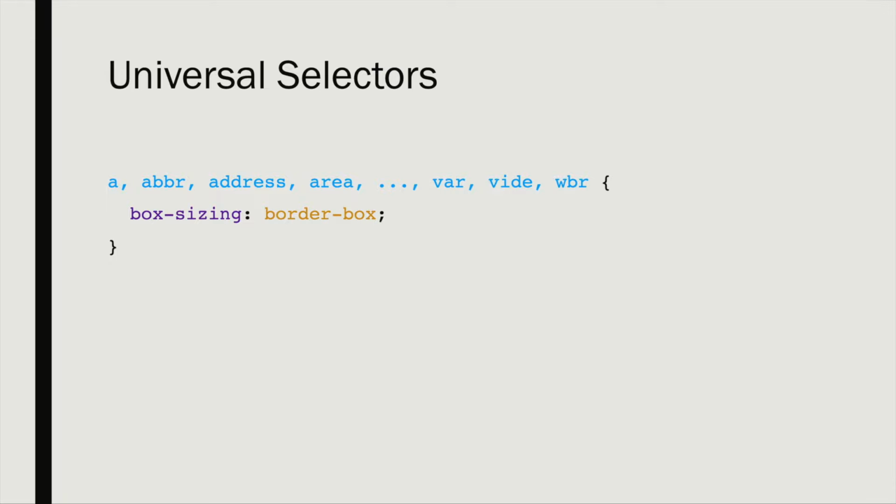And that is done by using an asterisk. Basically, in computer language, an asterisk is a wildcard, which means that anything can go in it. And by using the asterisk, you are actually applying this set of rules to everything on the page.